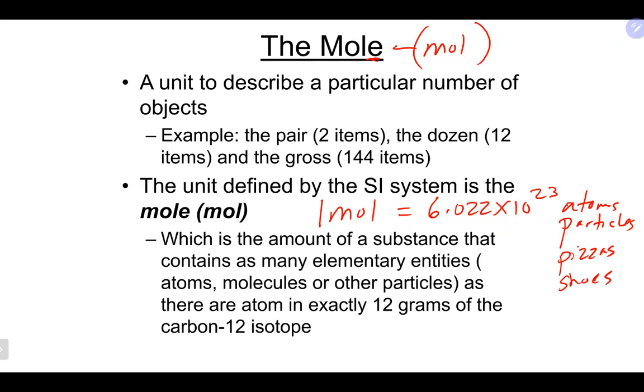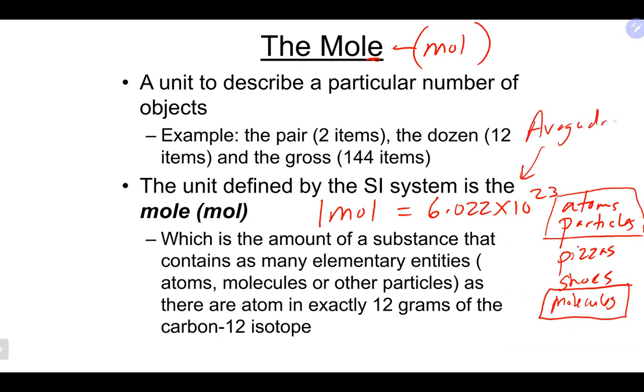Perhaps not too much pizza or shoes here in chemistry, but atoms and particles, and probably a better one as well, molecules, are used as units. And this number here is what is referred to as Avogadro's number. So Avogadro's number is basically what a mole represents in terms of a numerical value, if you will. And it's always 6.022 times 10 to the 23.